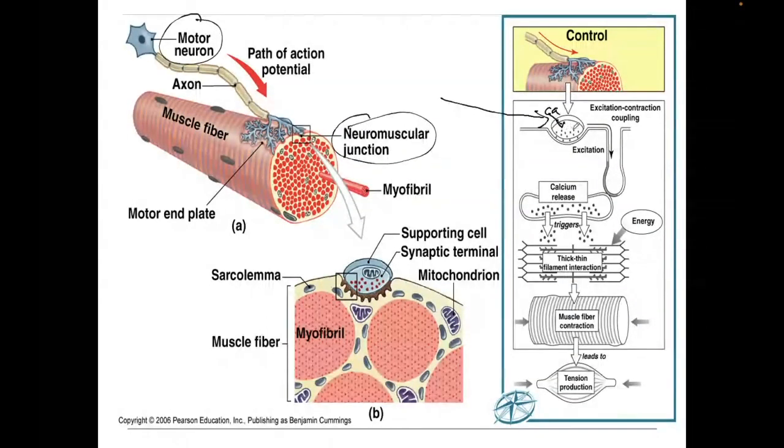So calcium is going to allow the neurotransmitter acetylcholine in those vesicles to open up, exocytosis, and it's going to hit the motor end plate. It's going to hit those channels. When acetylcholine hits the channel, those sodium channels open up, and that's where sodium rushes in and creates the excitation or the action potential.